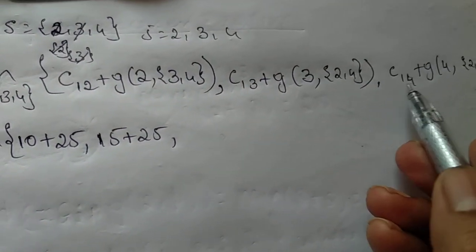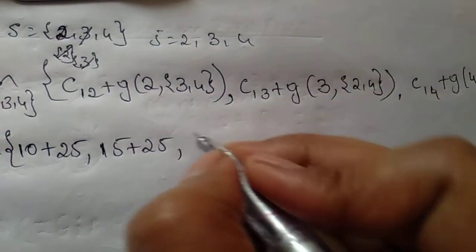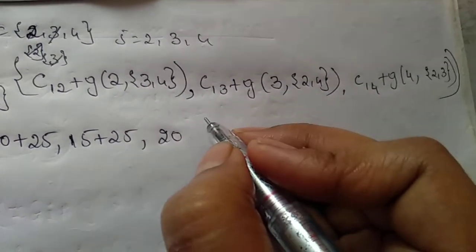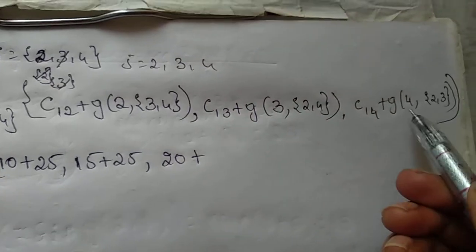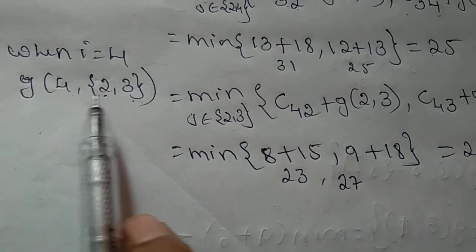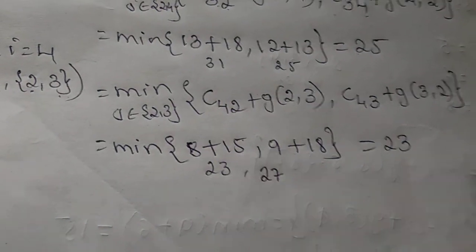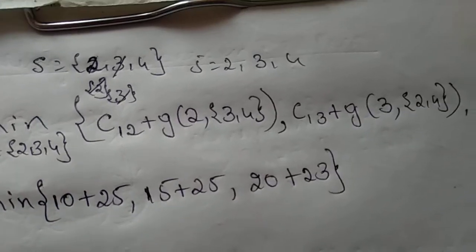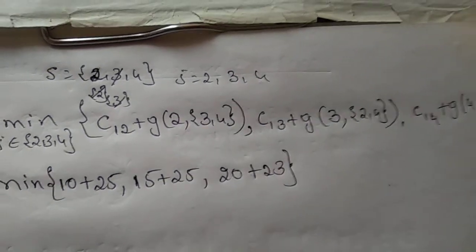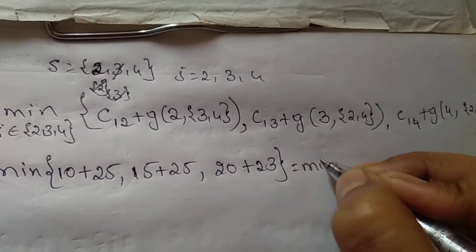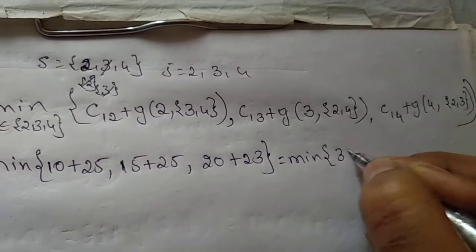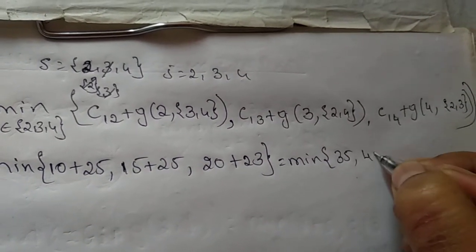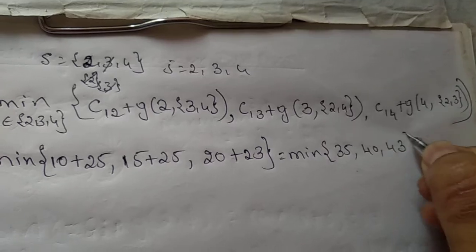Then C 1, 4. C 1, 4 is 20 from the cost adjacency matrix plus G of 4, 2, 3. What is the minimum? 23. So plus 23. So here it is min of 35, 40, 43.